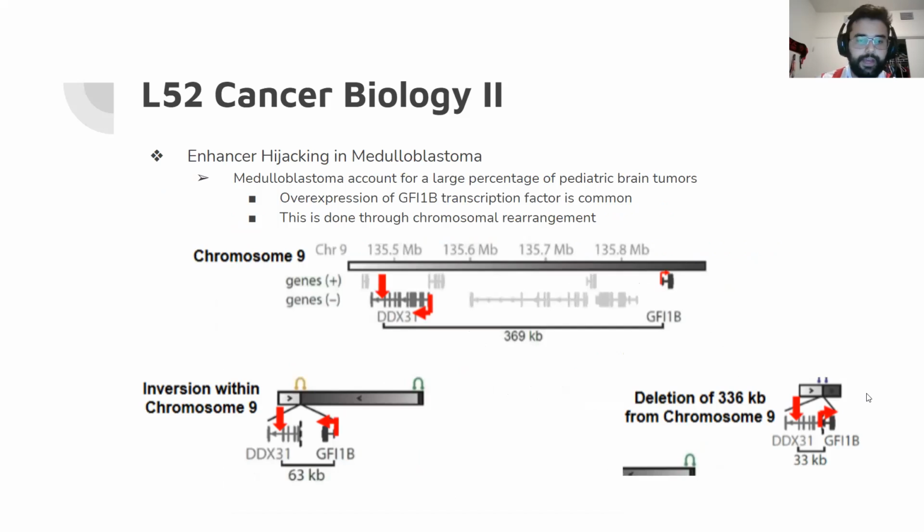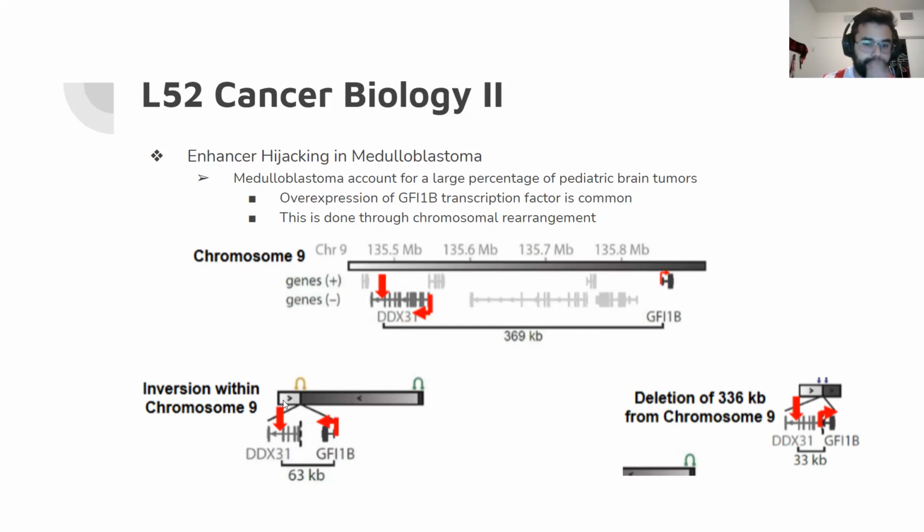Looking further, we also have enhancer hijacking in medulloblastoma, which accounts for a large percentage of pediatric brain tumors. This is an overexpression of the GFI1B transcription factor, brought about through chromosome rearrangement. There are two different ways this rearrangement can occur.